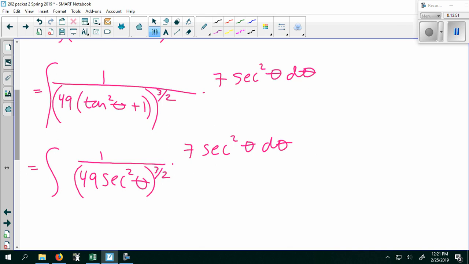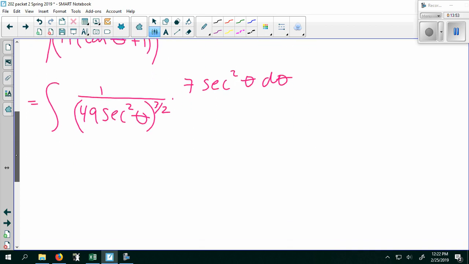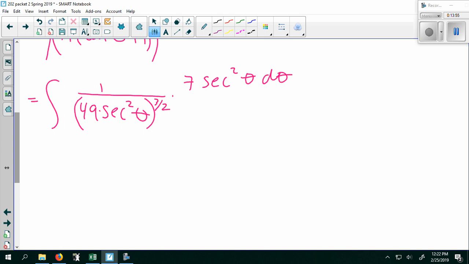Okay, so now I can take each of these factors in the denominator, raise them each to the 3/2 separately. So 49 to the 3/2. Remember that a rational exponent, the bottom number is the root, so it's a square root and then cubed.